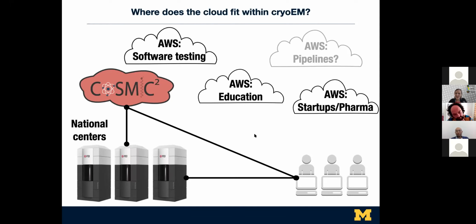And there's a question about physically where the data is going and if there are issues getting the data there, if it's coming from the other side of the world. For Cosmic 2, we're using Globus for data moving, and so they will do the moving.